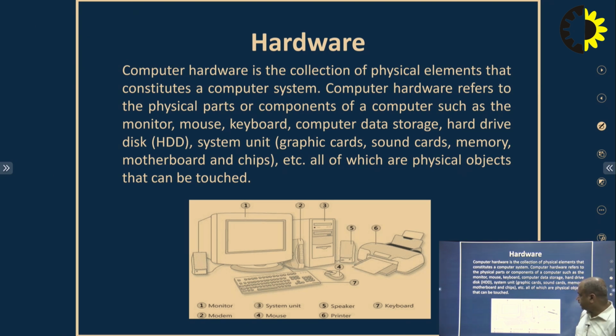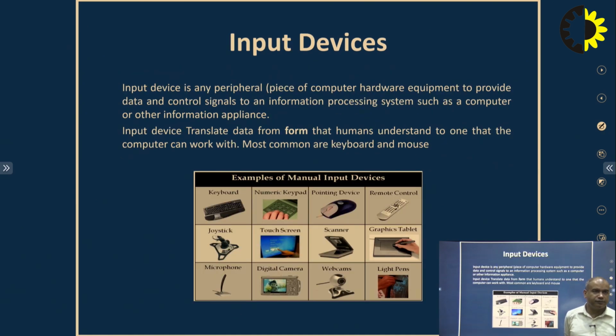Here, this whole diagram shows computer hardware which consists of monitor, central processing unit, sound card, keyboard, mouse, speaker, printer. All these are part of computer hardware.